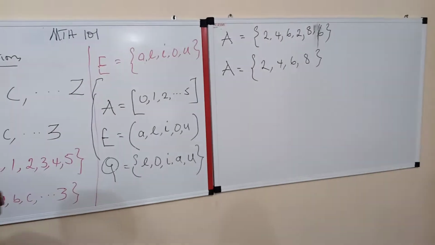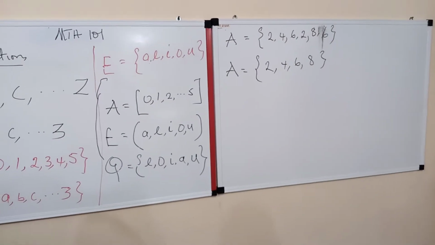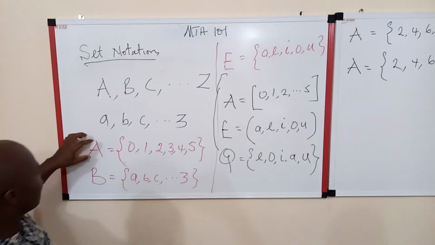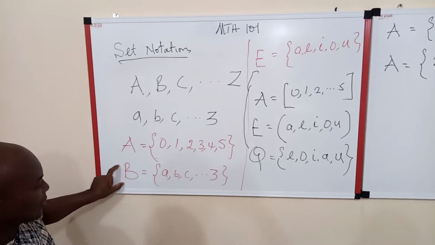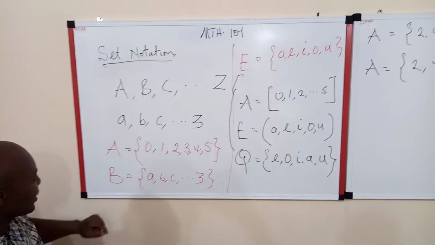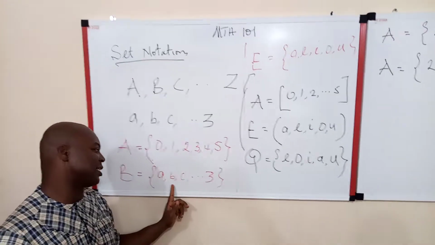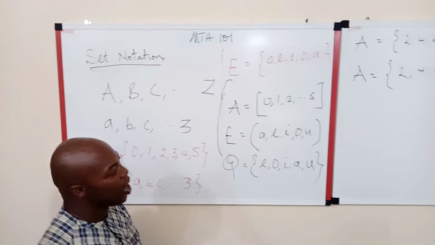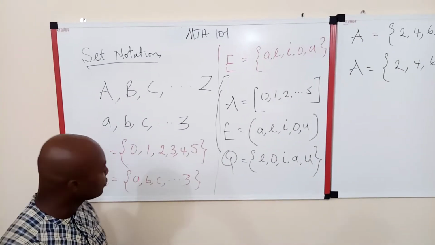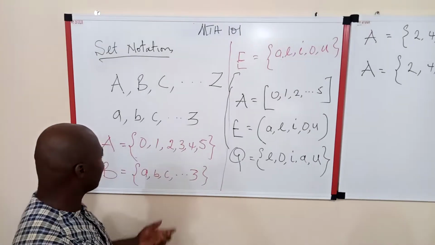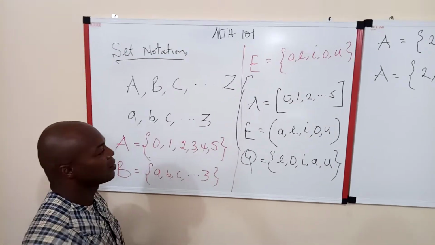Now I also wish to bring to our notice that between set A here and set B here, there are elements in set A that are not contained in set B. So there is a language or presentation that can be made in respect of that.